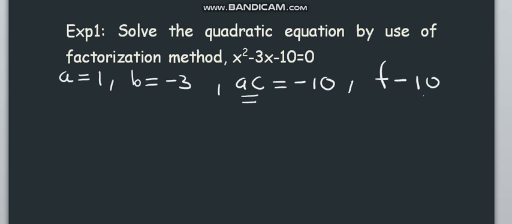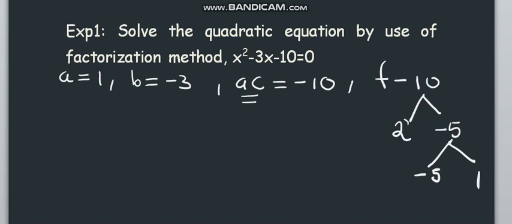The lowest divisor we have is 2. -10 divided by 2, we shall get -5. Therefore we are going to have 2 and -5, and the final thing will be 0.